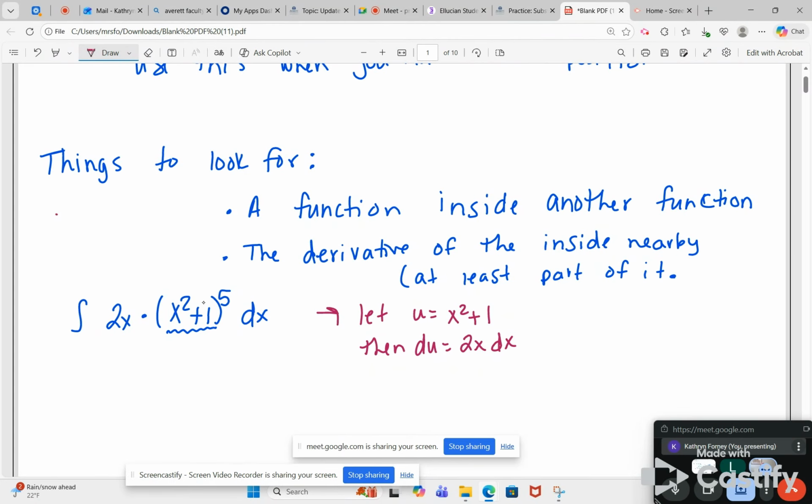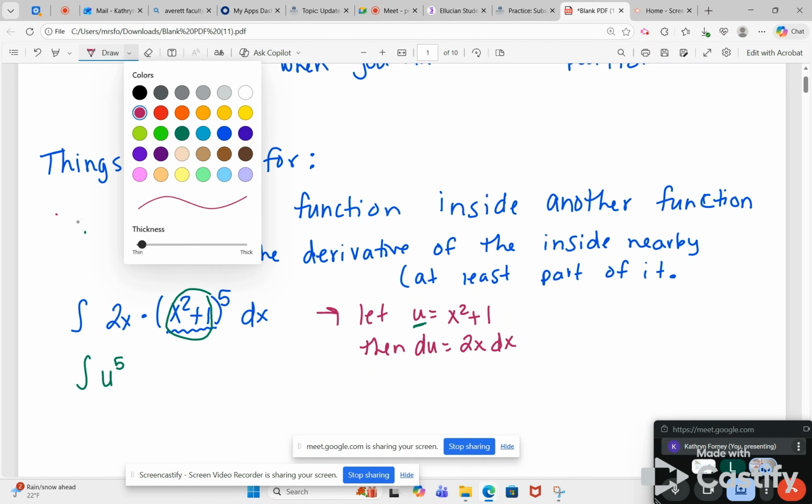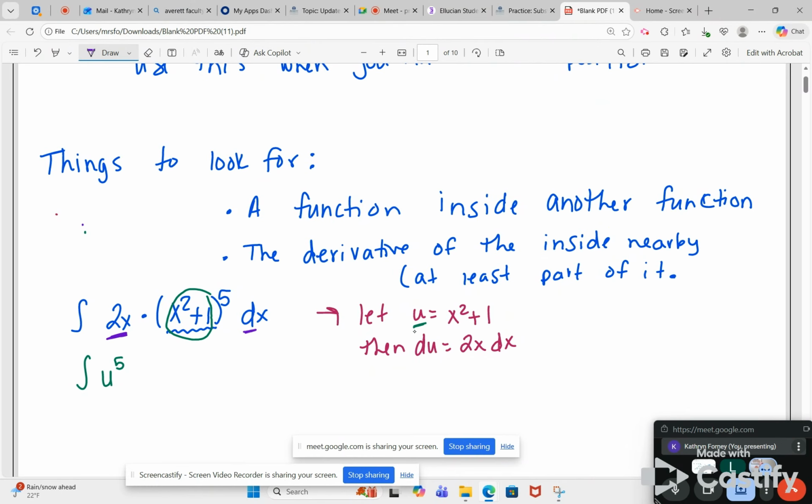Now, if I rewrite this, this is the u, so I would say u to the fifth, and then the rest of my problem, 2x dx, is du. So at this point, all I did was rewrite it using my u.